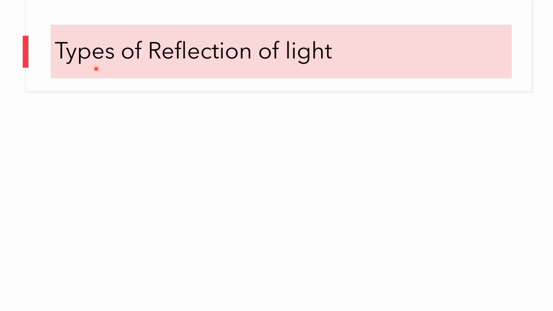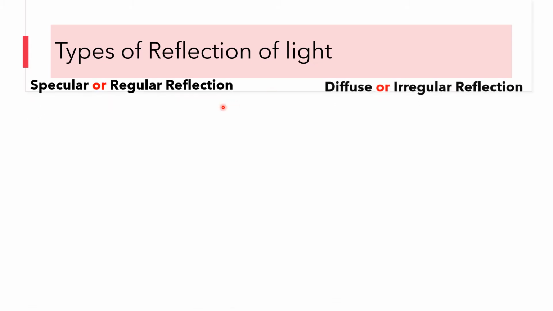Now, types of reflection of light. There are two types of reflection of light: specular reflection of light and diffuse reflection of light. Specular reflection of light is also called regular reflection. Diffuse reflection is also called irregular reflection.